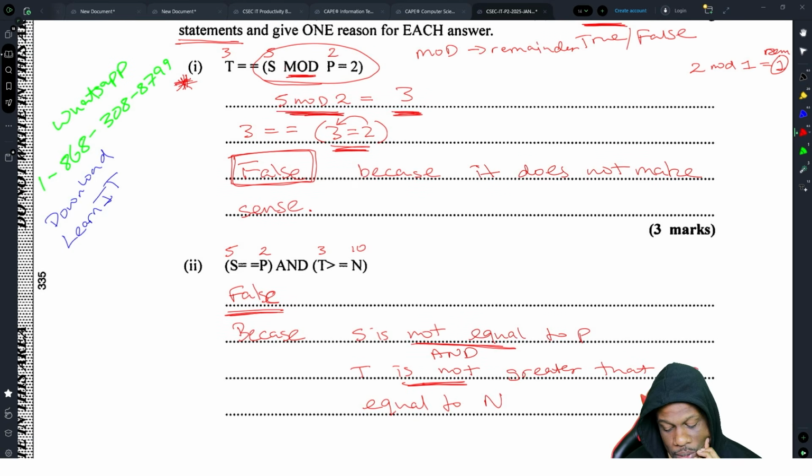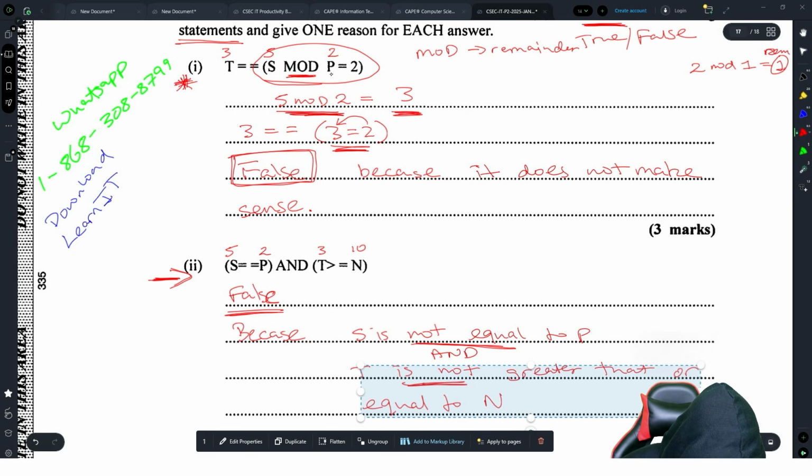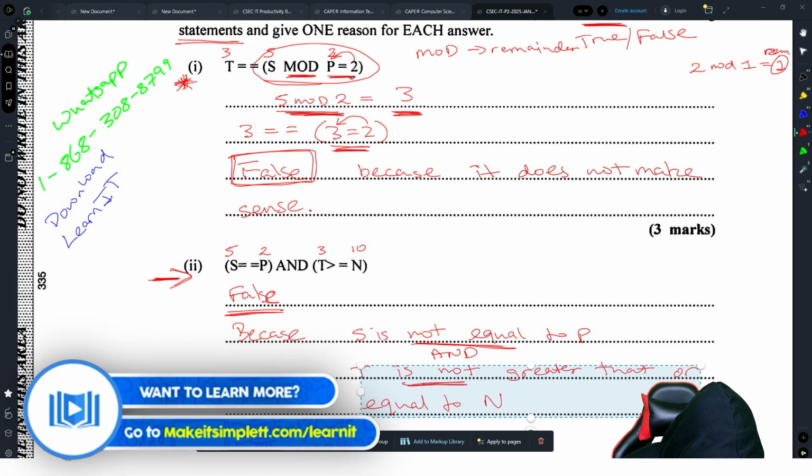This part here, I understand how to work out this one. This one is kind of straightforward. I can explain that easily. But this one, the S mod P equal to 2, could only be false because it doesn't make sense. Unless this P equals 2 is actually taking 2 and putting it inside P, and then seeing if S mod P, 5 mod 2, is equal to 3.